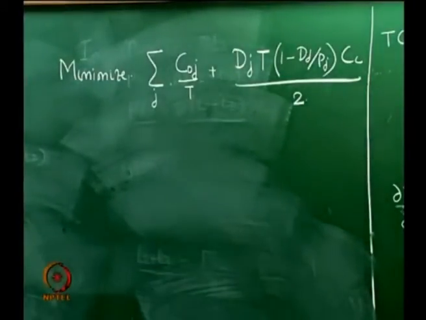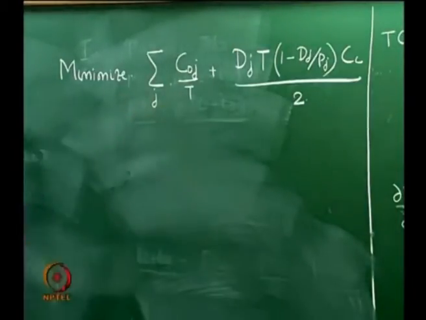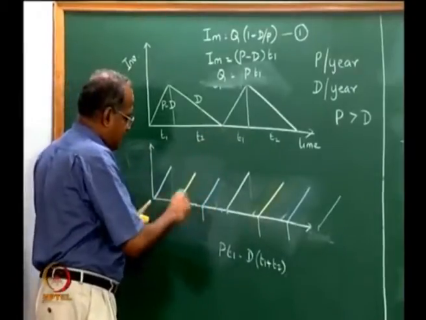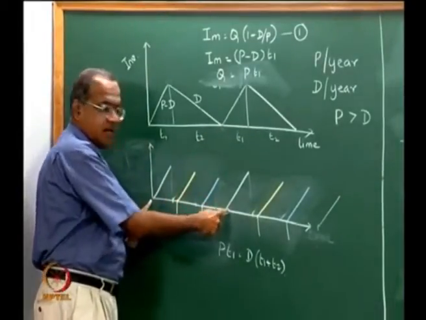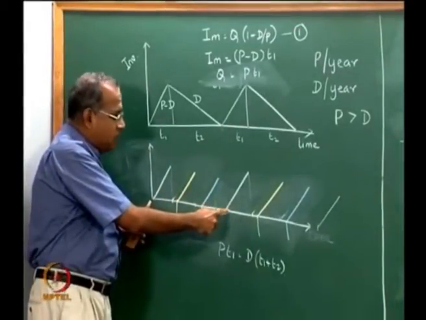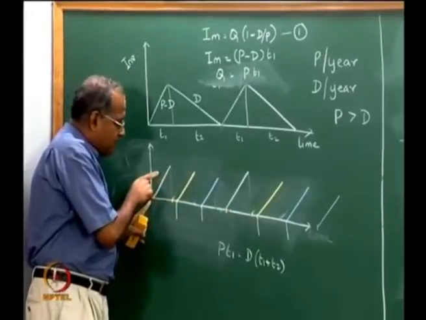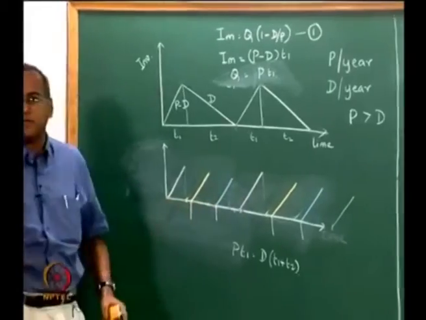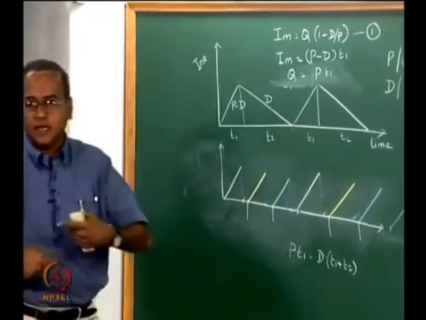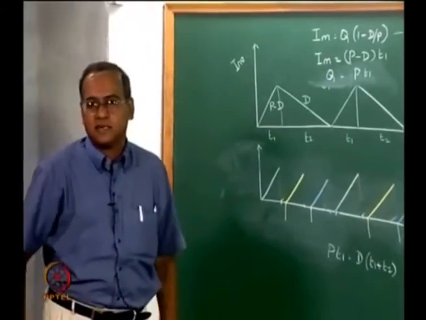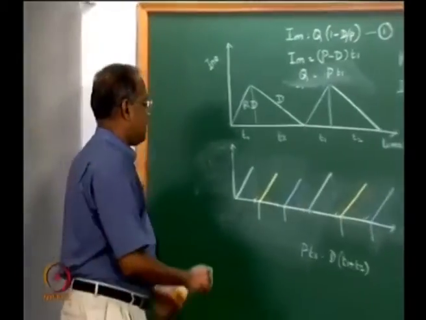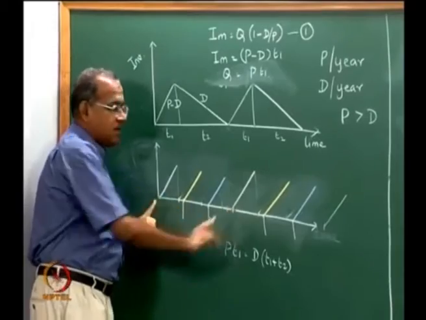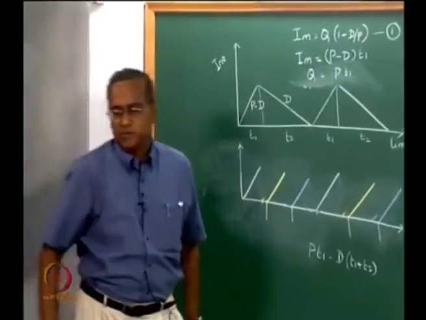But the capital T should also satisfy another important thing: the time that we have in this cycle, say between this start and this start, should take care of the production times of all the items plus the changeover times of all the items. So, the cycle should satisfy an additional constraint, that it should be able to take care of all the production times as well as all the setup times.